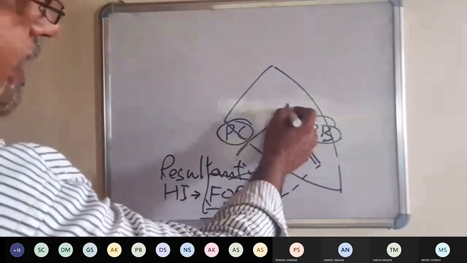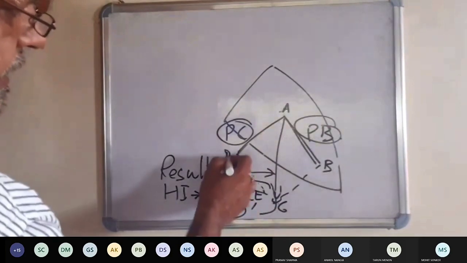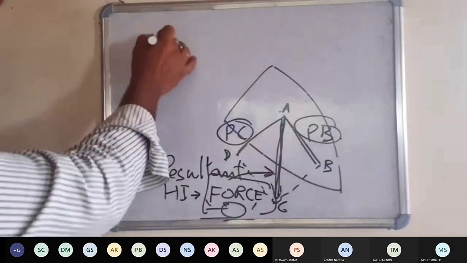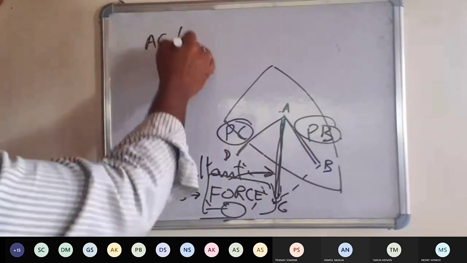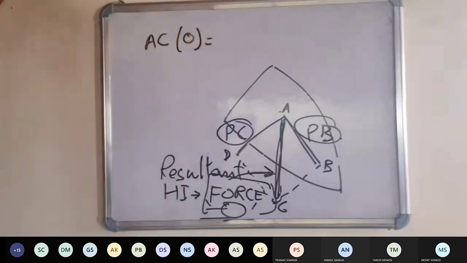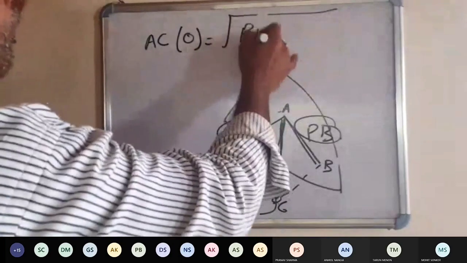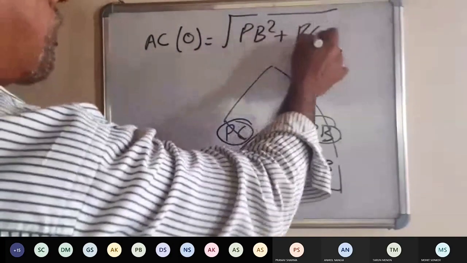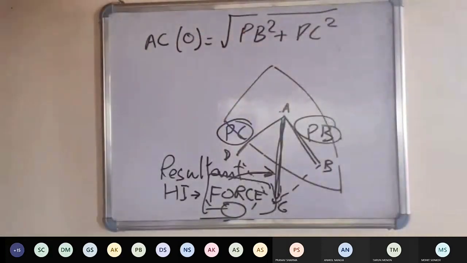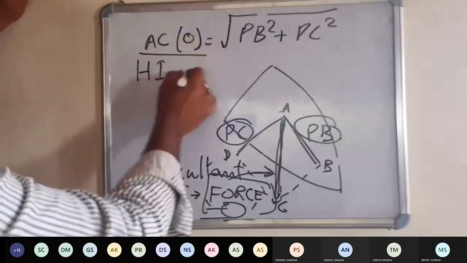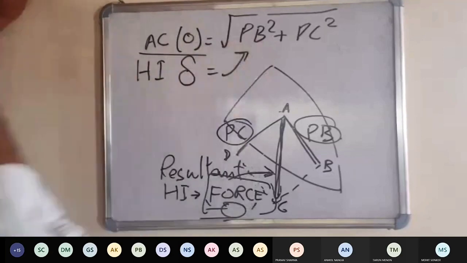So in this case, if we take the names as A, B, C, D, what is the value of the resultant? AC, which is the resultant force O, is it equal to this? Yes, sir. So hard iron deviation, HI deviation, is equal to this.